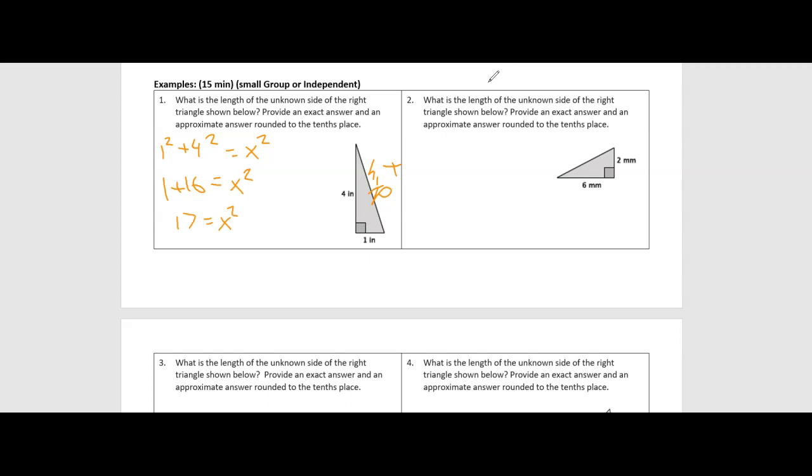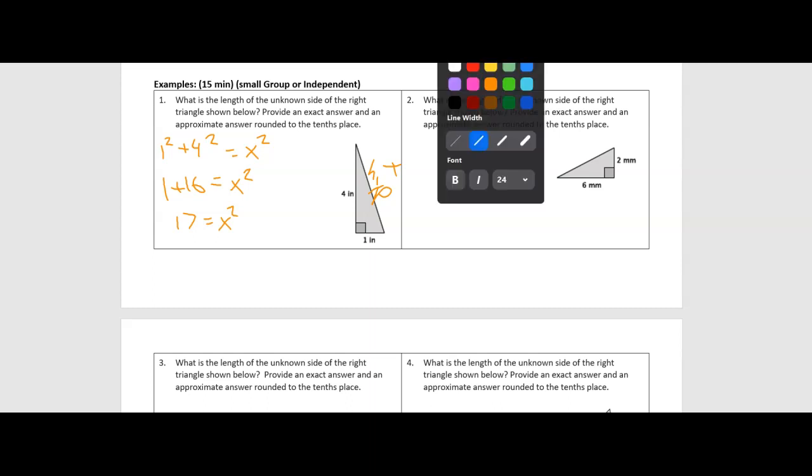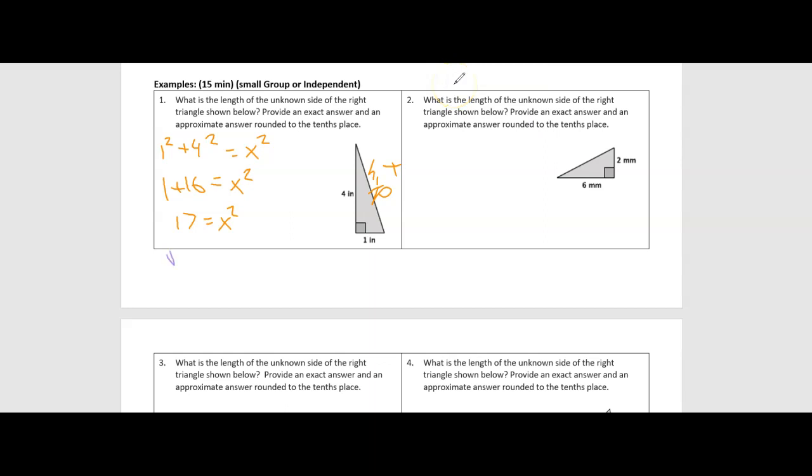And you'll notice that here it says provide an exact answer and an approximate answer rounded to the 10th place. So I need 2 answers here. I need the exact answer. Well, that's going to be the square root of 17 is equal to x. That is our exact. And if I take the square root of 17, we're going to round to the 10th place, and that's going to give me approximately 4.1.